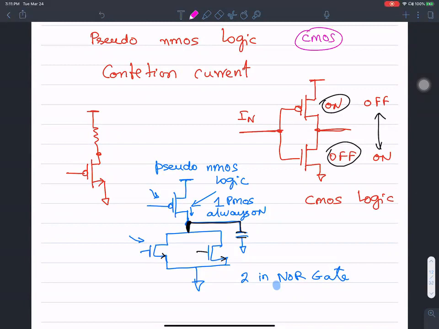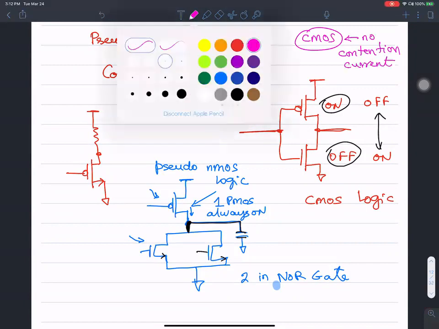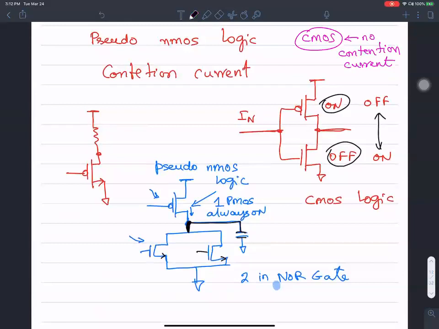In CMOS logic, there is no contention current. In CMOS, where the PMOS transistor is off, then the NMOS transistor is on, and vice versa. There is a complementary action in CMOS logic.